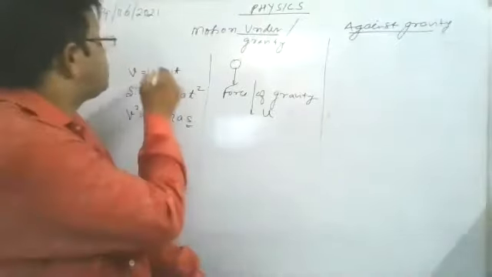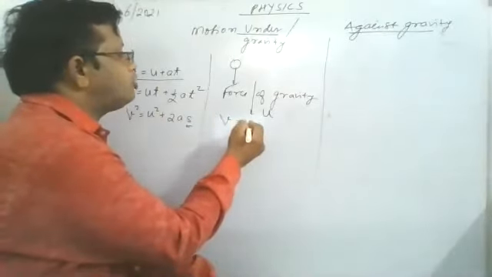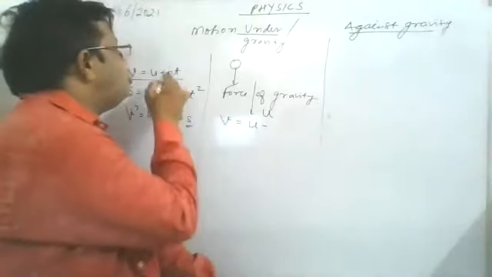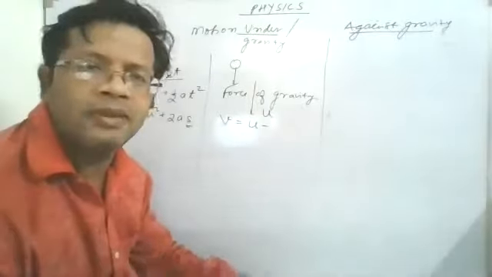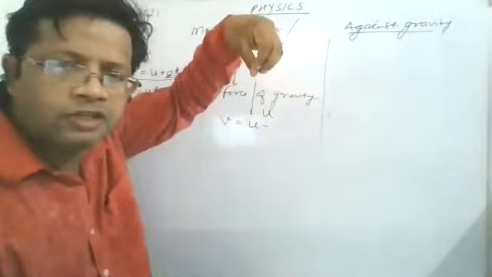In this case, the equation will become v is equal to u plus the acceleration produced during free fall.